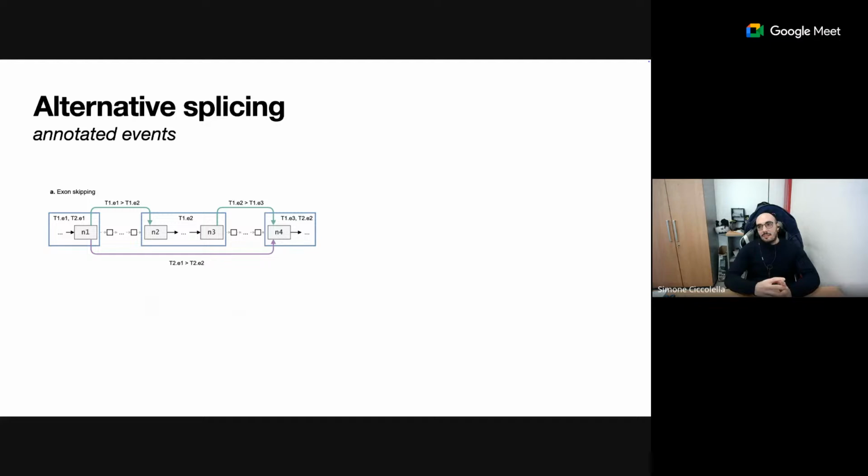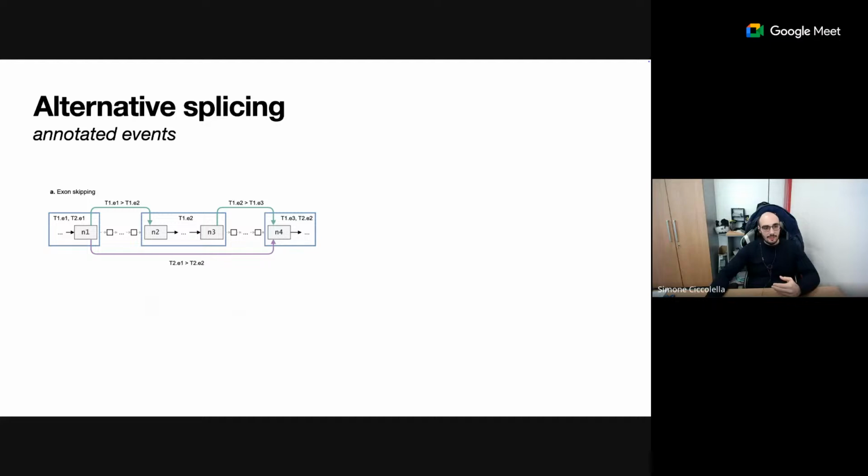So the main modeling contribution of this work is that we define a framework where we can basically call these different events. If we start with annotated events, this is a different representation of the exon skipping that we saw before, but it is actually saying the same thing, except that instead of a linear reference, this is done on a pangenome.